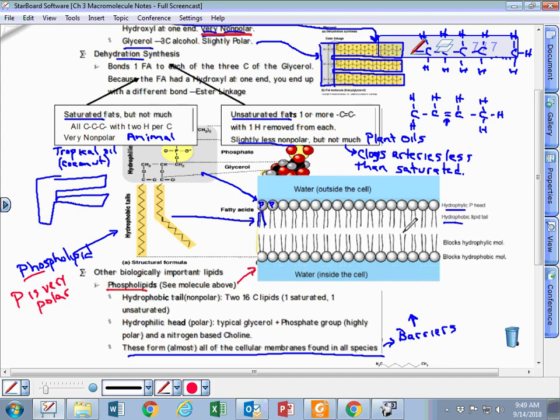A molecule that is polar and not polar at the same time is called amphipathic. And it's going to give these things the perfect characteristics to make your cell membranes.